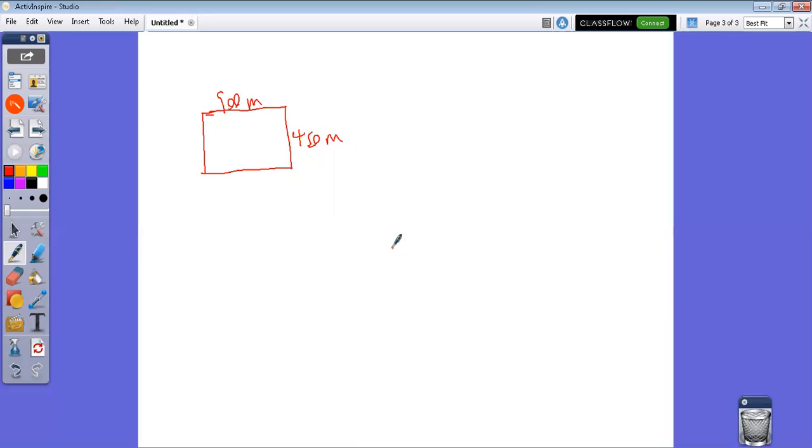So let's say L, length, which is 900 meters, to the nearest 50 meters. Clear? Yes, sir.